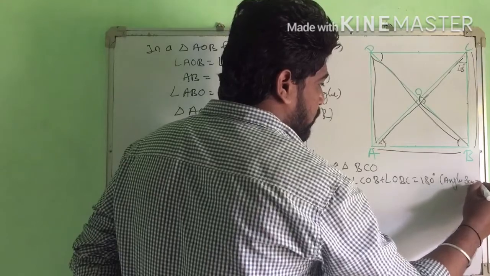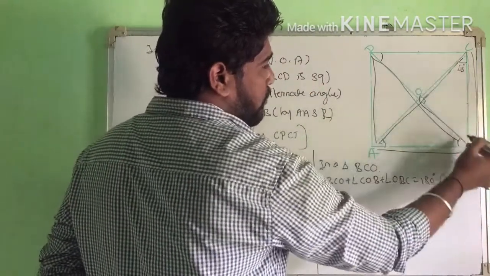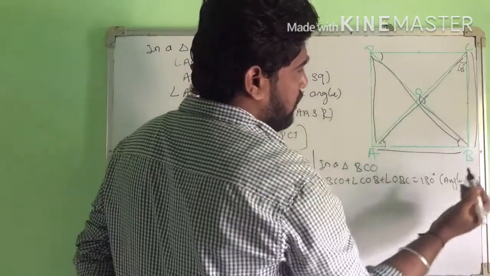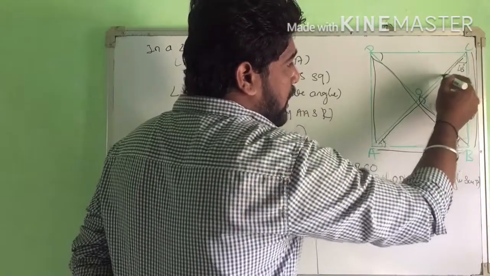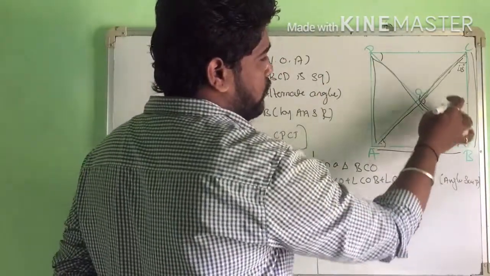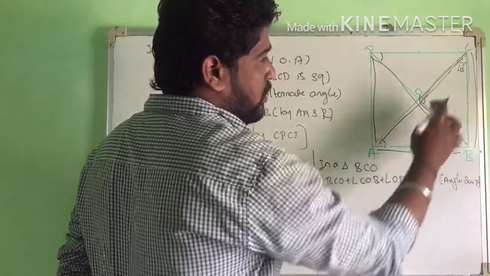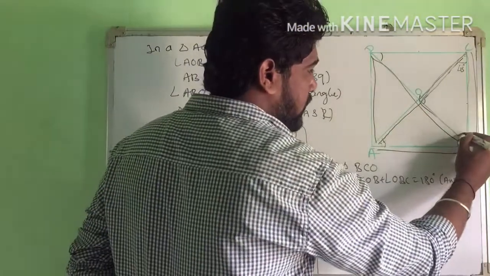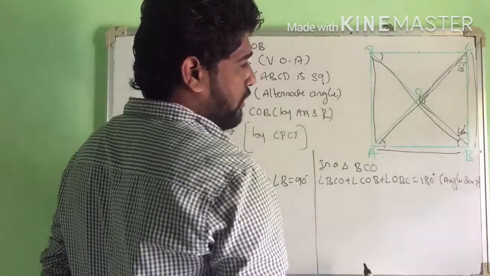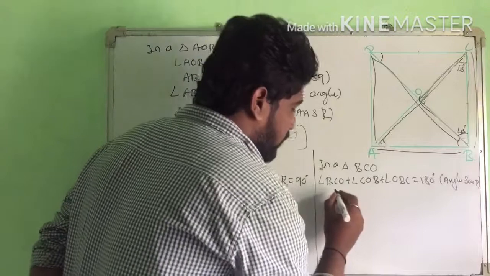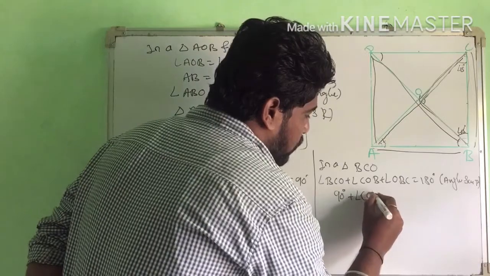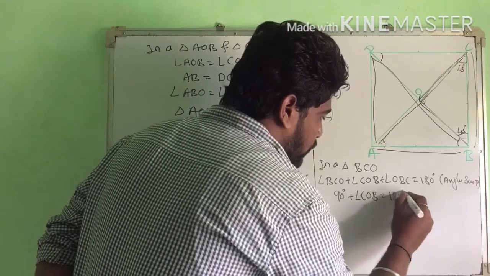Angle sum property: the sum of these three angles is 180, and this one is 45, which we already proved. And see here, CO is equal to OD, because the diagonals bisect each other. So these two sides are equal, which means automatically this angle is 45, right? So these two are 45. So 45, 45 gives 90, plus angle COB is equal to 180.